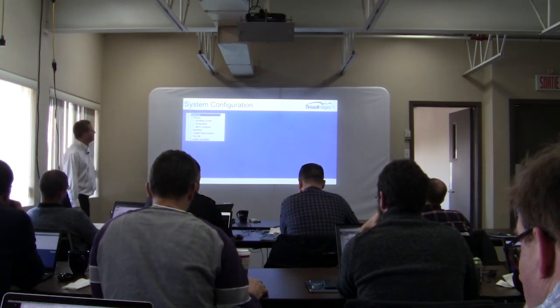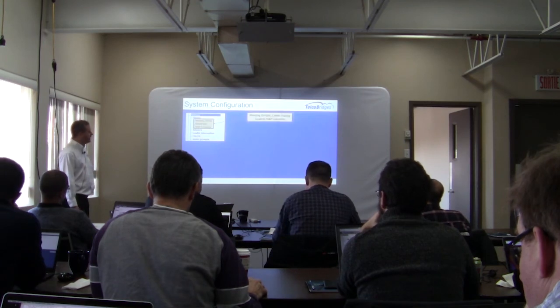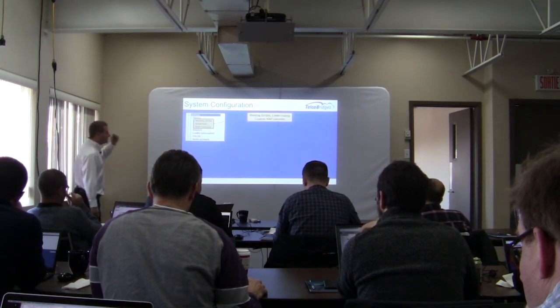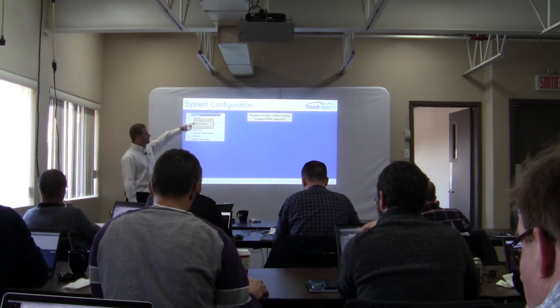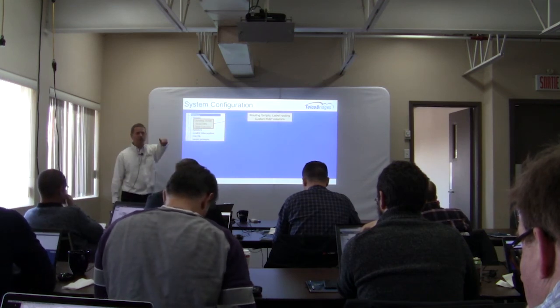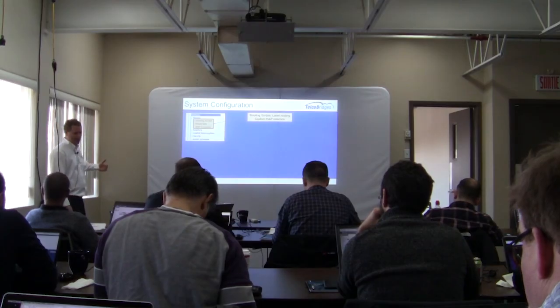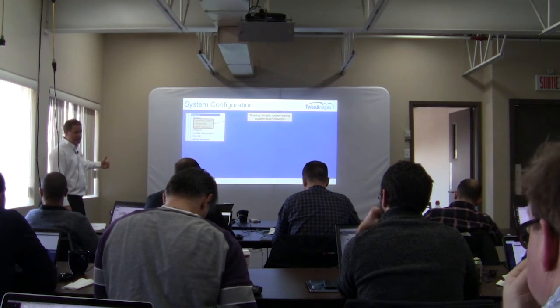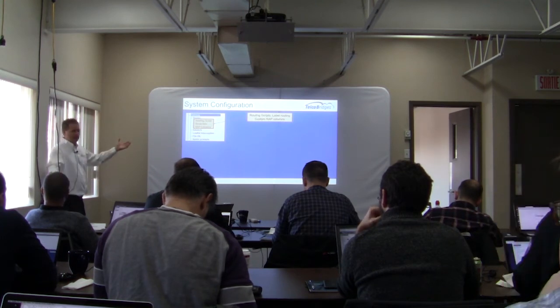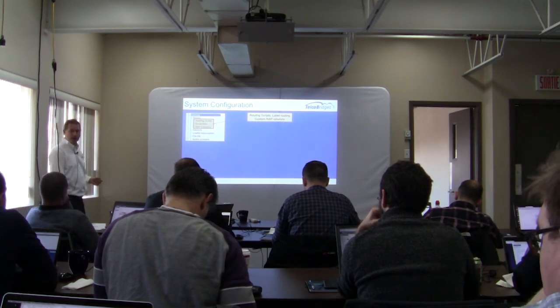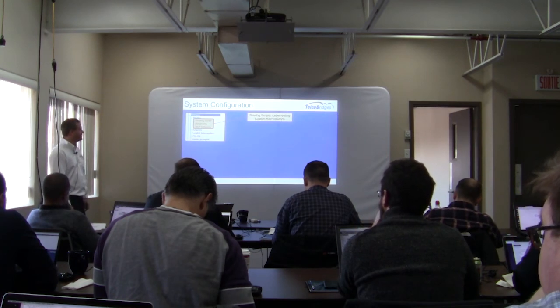Okay, almost done on this one. System configuration. We talked about the routing script a little bit, but label routing, someone is using digit maps. We call it label routing, or here in the menu it's called route sets. This allows you to configure this particular mode of operation. That means receiving and analyzing any digits that are received and being able to route anywhere for specific strings of digits.